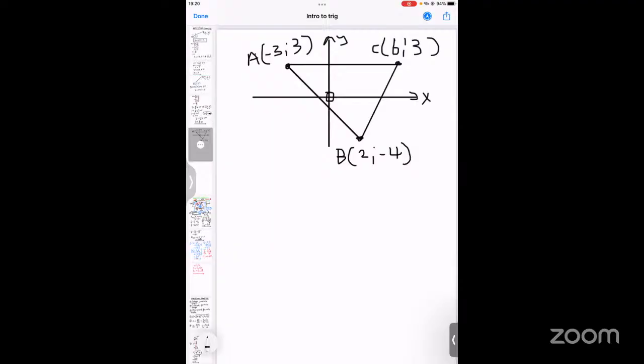And then the question says, find or determine the equation of line AB in the form y equals mx plus c.